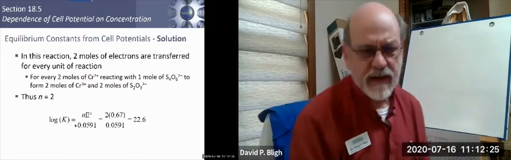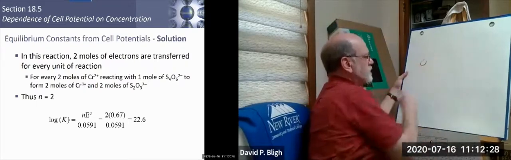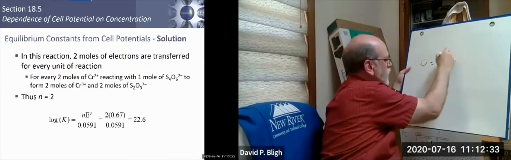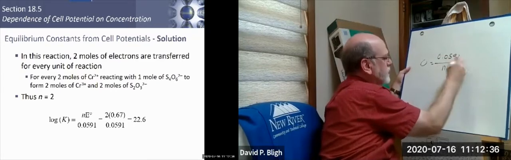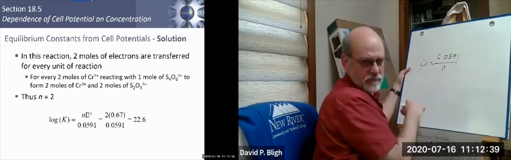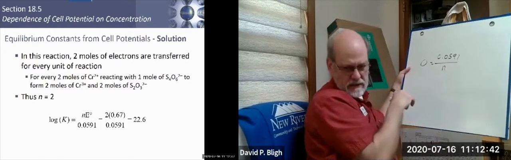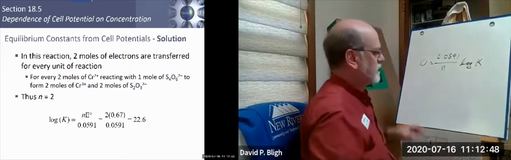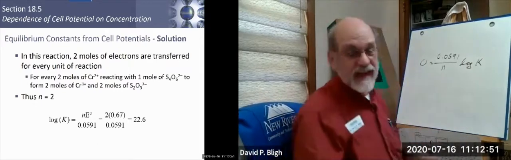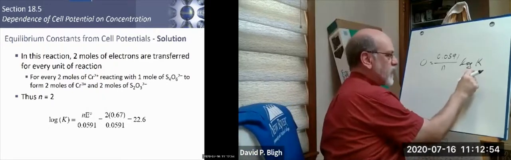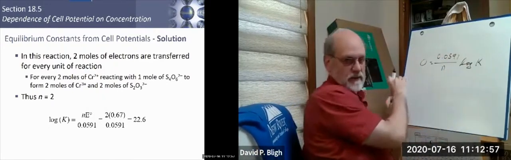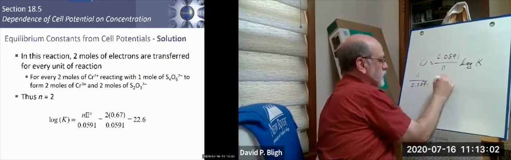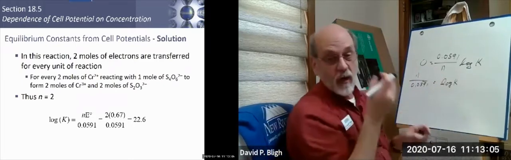Since we got 0 on this side, it would have been 0 for the actual voltage, and then 0.0591 over N times the log of K. So we want to find out what K is. So if we keep this one on that side, move this one over here, it flips it. We get N over 0.0591 equals log K.